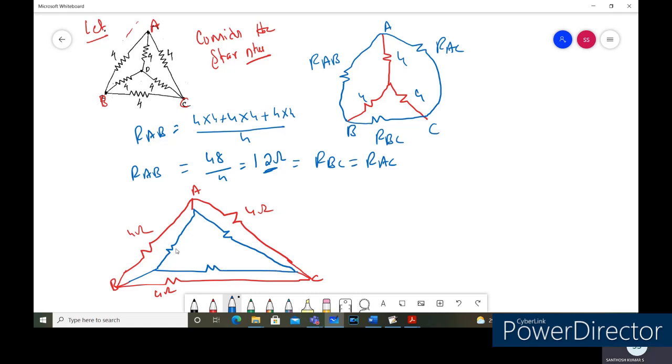This value is 12 ohm, and this is also 12 ohm, and this is also 12 ohm. Now if you look here, this 4 ohm is in parallel with the 12 ohm.